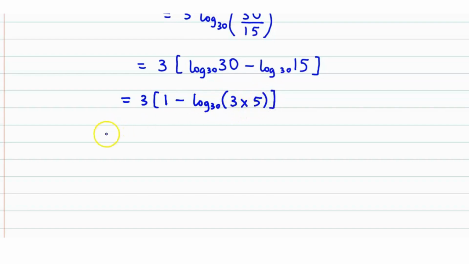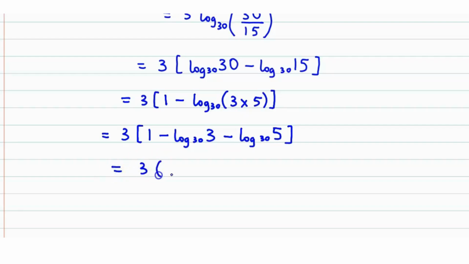And again we will use the law of logarithm, multiplication will change to addition, right, but outside there is a minus sign, so we'll have minus log 3 to the base 30 minus log 5 to the base 30. But log 3 to the base 30 is x, so we have 3 times 1 minus, now its value is x, and log 5 to the base 30, its value is y. So our final answer is 3 times 1 minus x minus y.